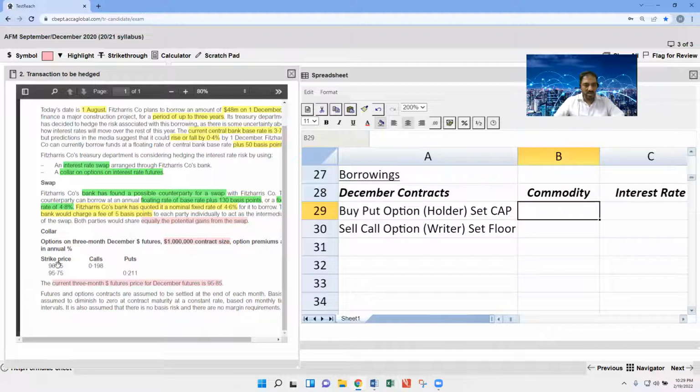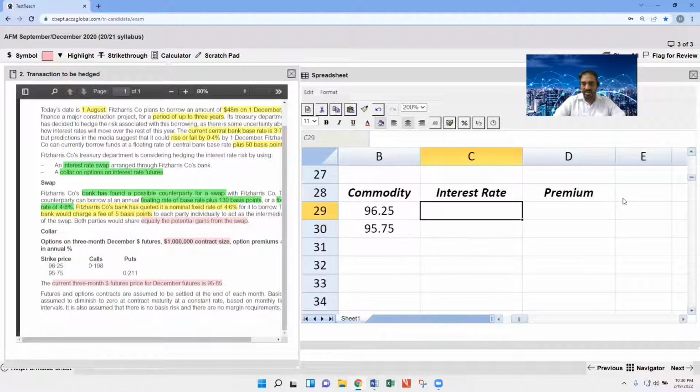What is the commodity here? You said 96.25, you said 95.75. Okay. Interest rate is equal to 100 minus this.